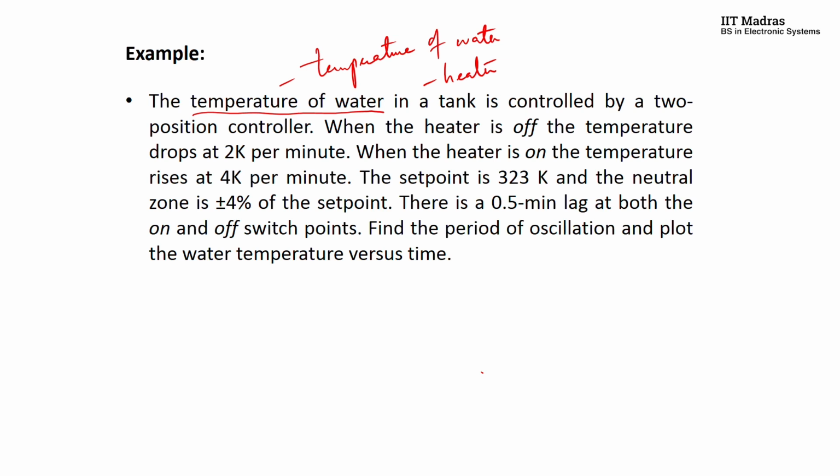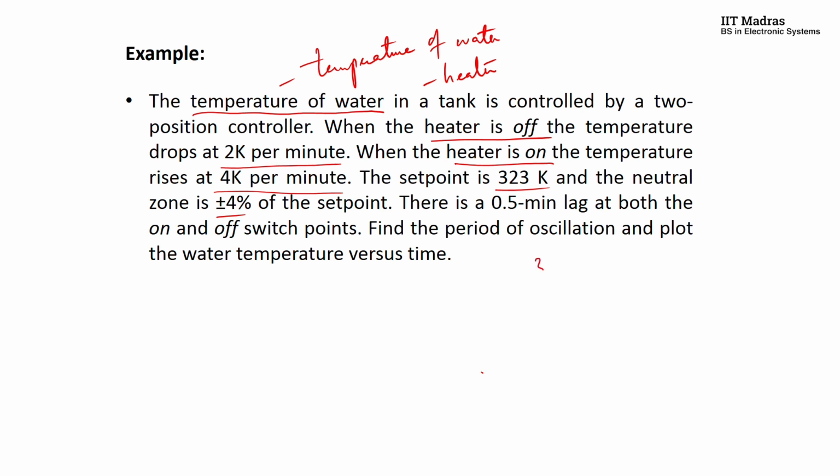So what are the conditions here? One, the important conditions given are when the heater is off, the temperature drops at a rate of 2K per minute, and when the heater is on, the temperature rises at 4K per minute. The set point you are taking is 323, and the neutral zone is plus or minus 4% of the set point.